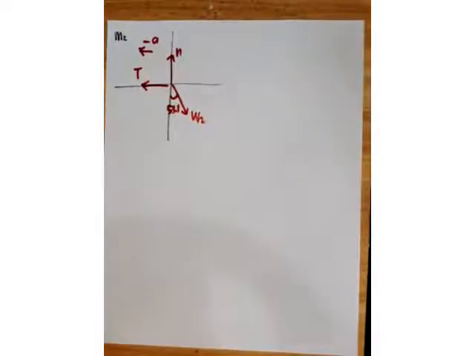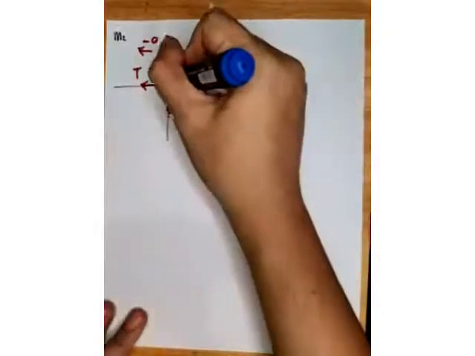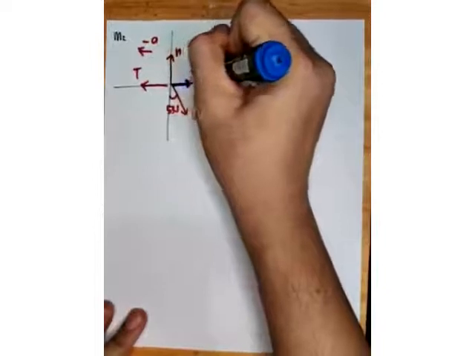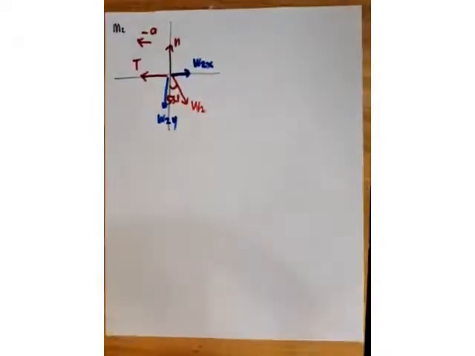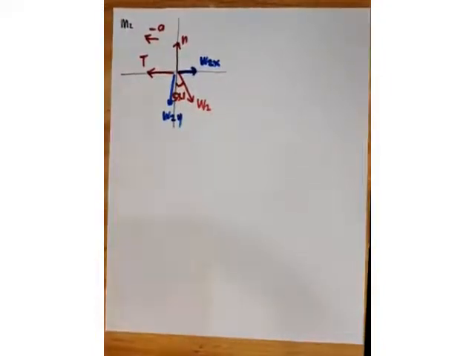And do not forget the components of weight 2. Weight 2x and then yung weight 2y. Okay, same is true with earlier. Since we do not have any frictional force, so we don't need to get the normal force.